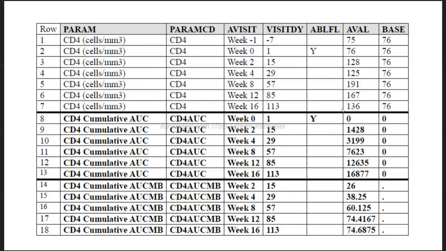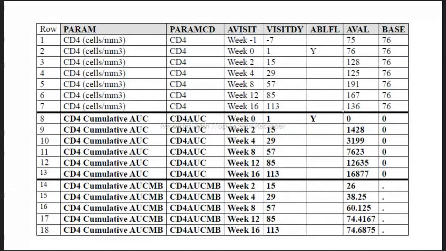It depends upon the CD4 count. If the patient has a better CD4 count, he is going to stay alive a long time. If the CD4 count is not good, he is going to die soon. That is how we decide.